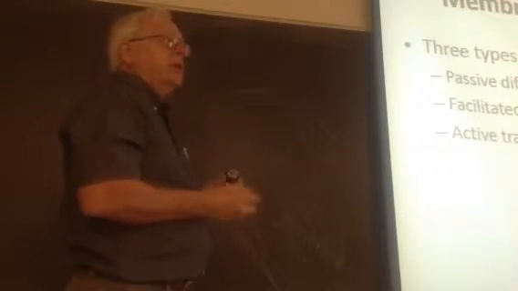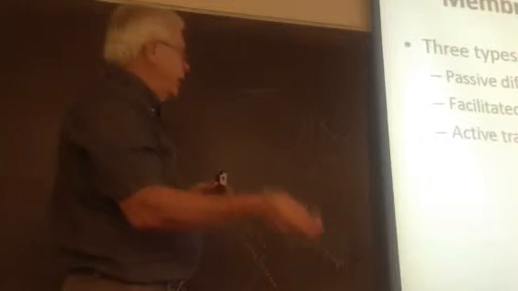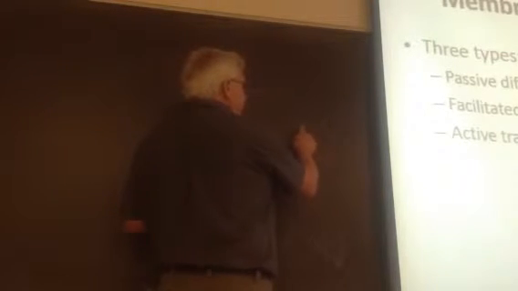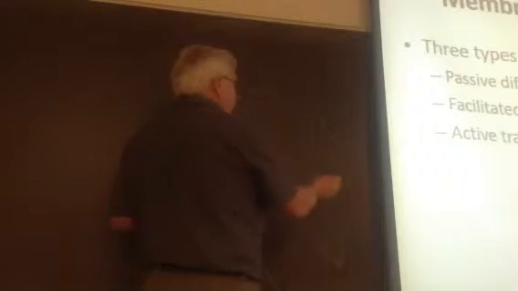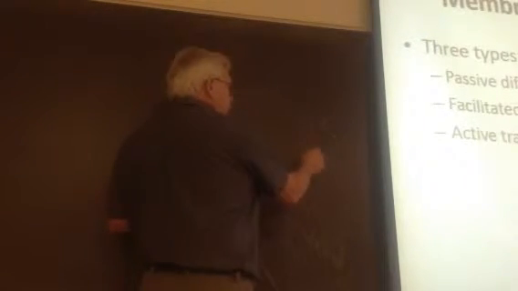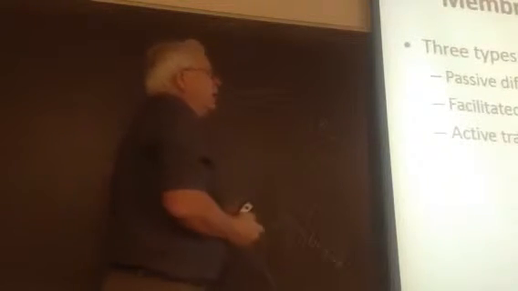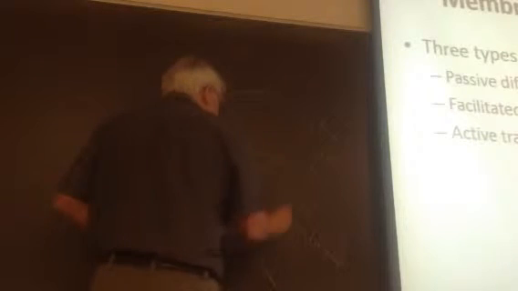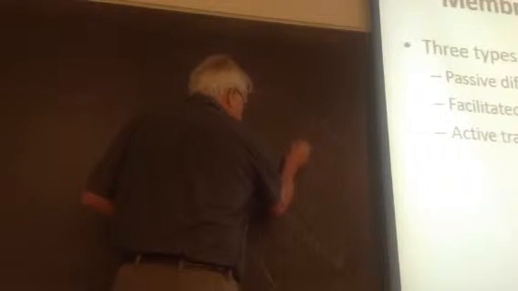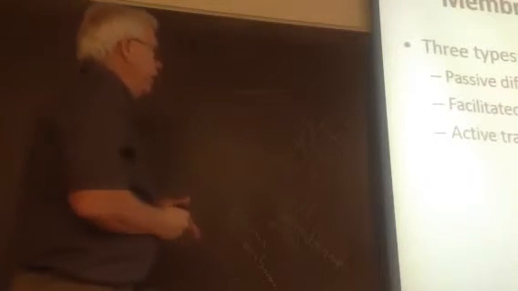Some things don't get through easily. The only way for them to get in is if there is some special portal. And all it is, is a way that X can get in here. And it's moving through some special entryway.